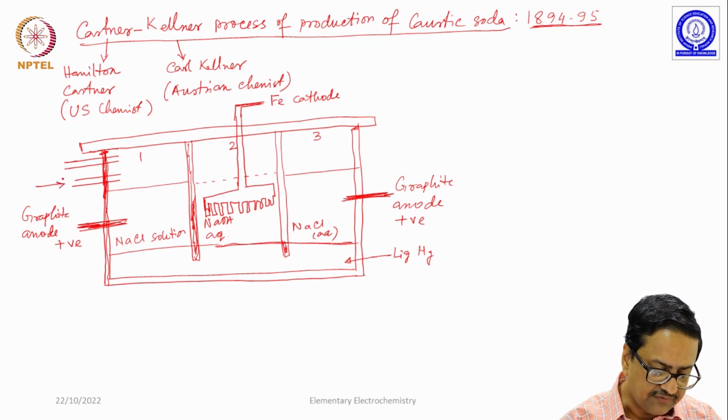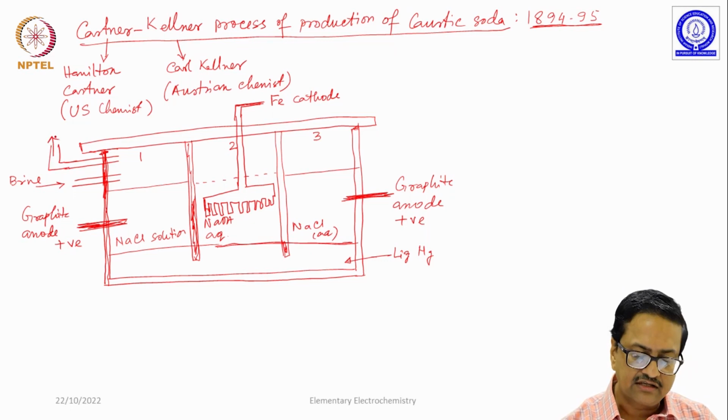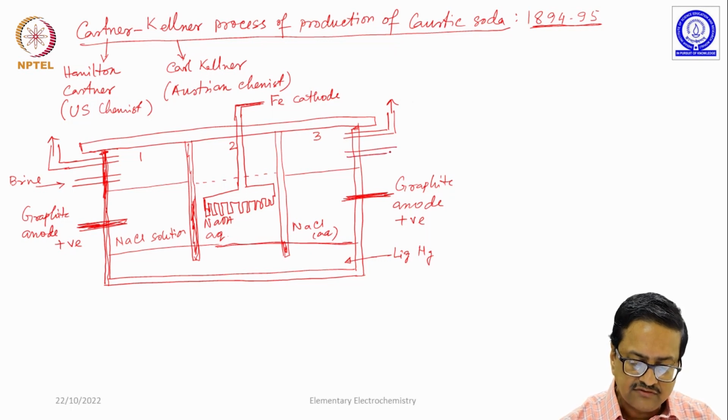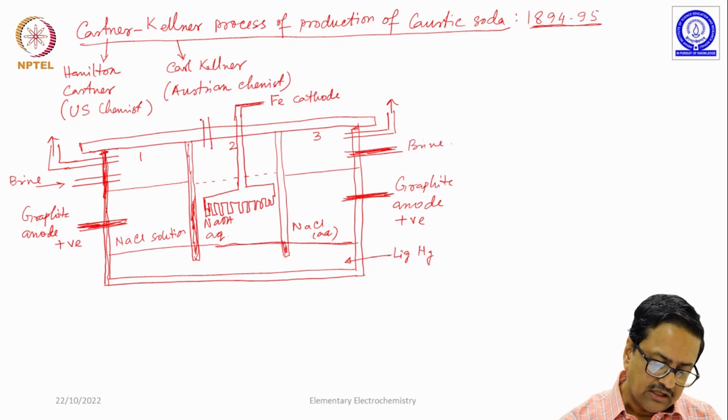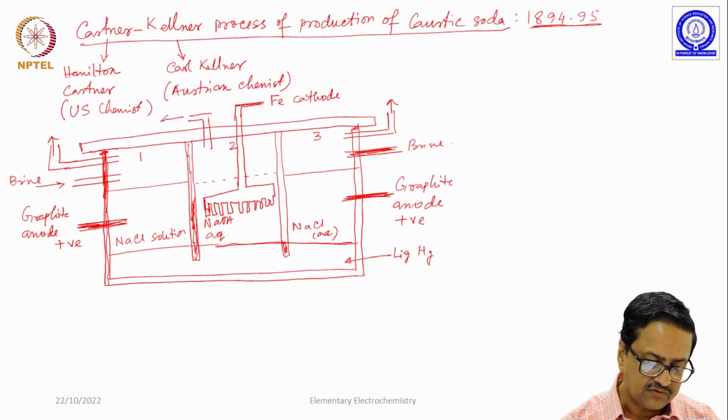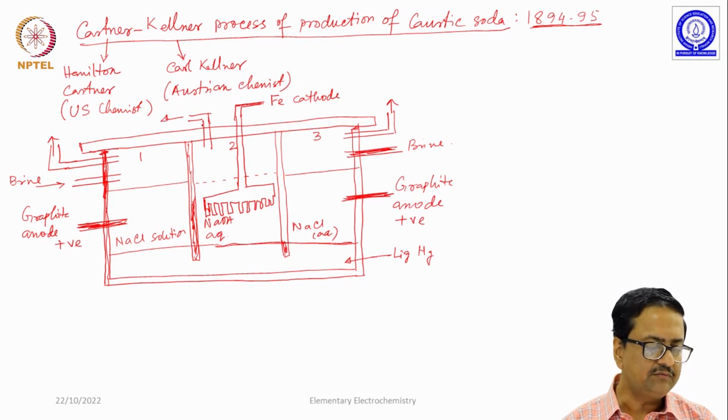This inlet line is for inlet of brine as and when required. This upper outlet is to let a gas come out and the lower one is to fill brine here. And here one more outlet to take another gas out. So we can understand that this reaction will take place and some gases will be released.